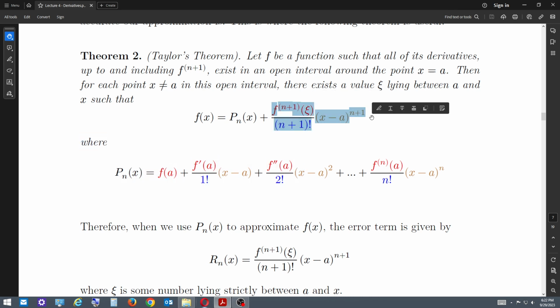Essentially, it's the n plus 1 term of the Taylor polynomial, if we were to go one higher, but instead of taking it at the point a, we take it at the point xc, which we don't know, but the theorem says this xc exists such that this is true. You're not required to know the proof of this. I believe the proof is given in the reading material, but all you need to know is how to use the theorem.